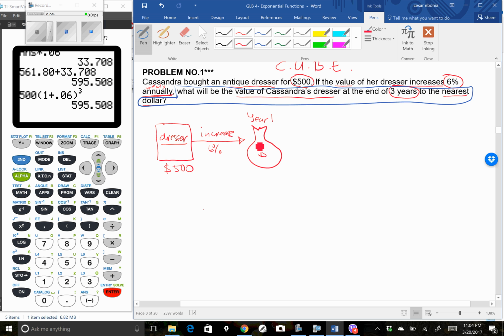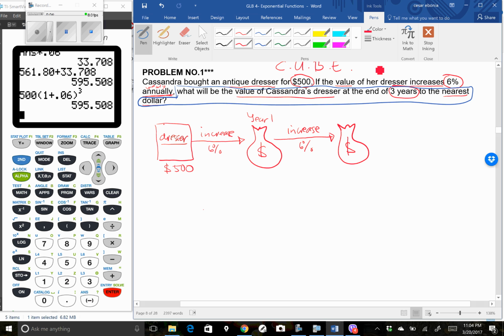So it changed the number. Now, every year it increases. It will increase again by 6%, so you have new money here.